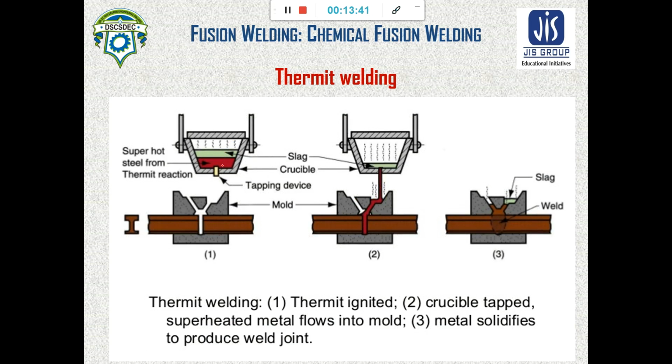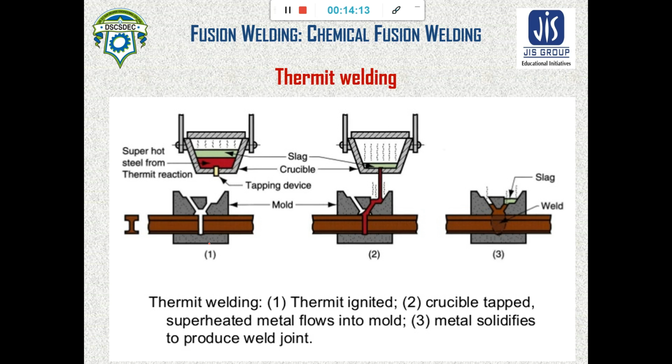Now only this iron is poured into the place where our thermite welding should be done, and by pouring this material we can get a complete weld. And this thermite welding is similar to casting.